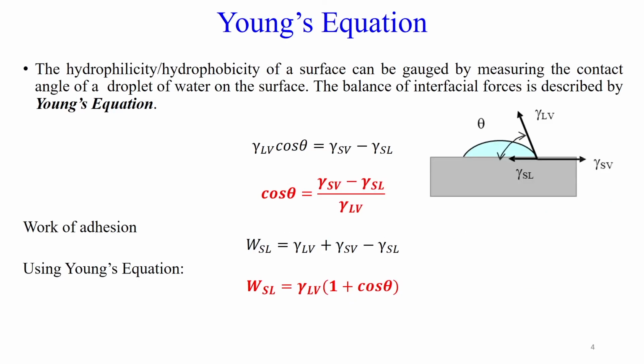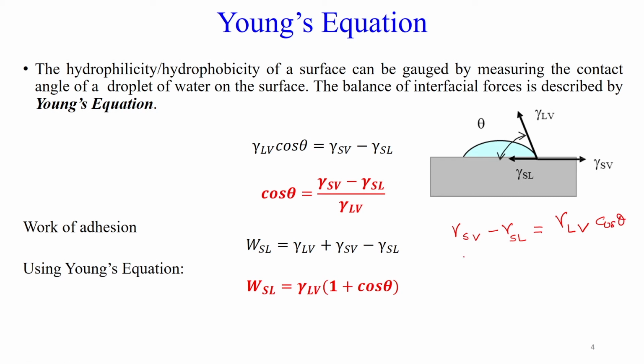As we see, there are three interfaces. As you know, the surface tension is the force per unit length. So, if you simply do the force balance here, in this direction we have gamma solid vapor, in the opposite direction minus gamma solid liquid, equal to gamma liquid vapor times, along the x axis, cos theta.